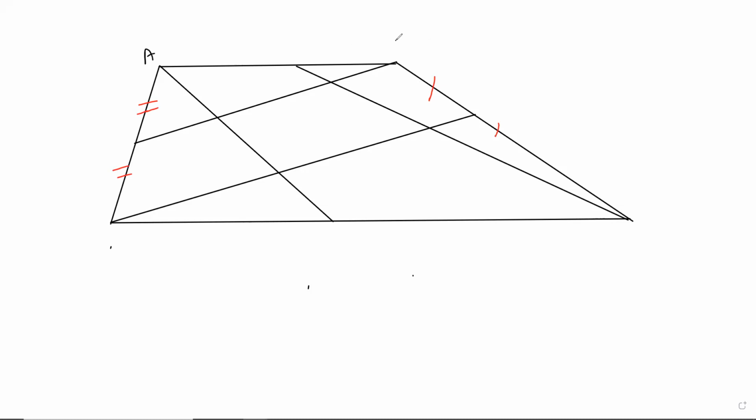Let me label them A, B, C, D, P, Q, S. Then is PB going to be parallel to DC? We will not use that. It's hard to say, right?